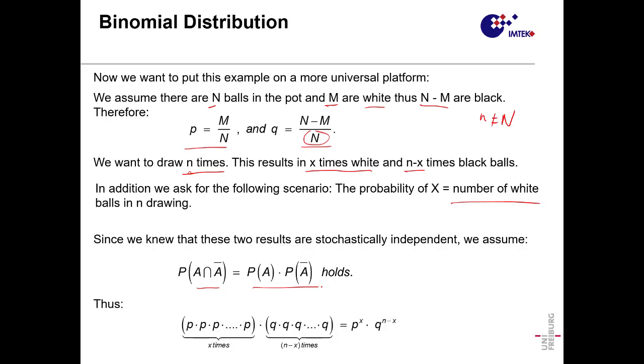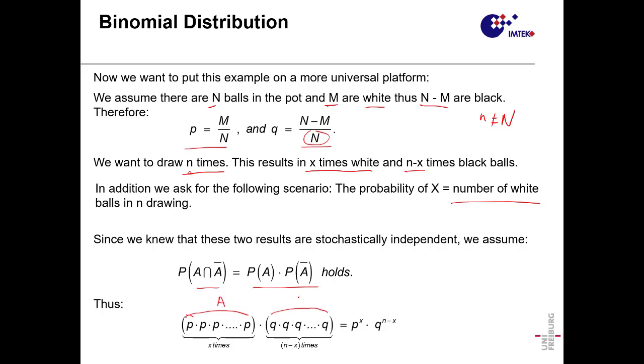And then this tells us that basically you will have x times the probability p, because x times are the times that you get a white, or the A if you want.